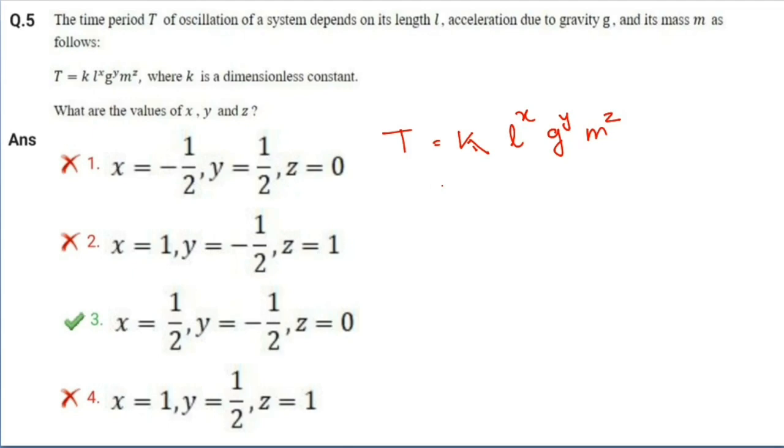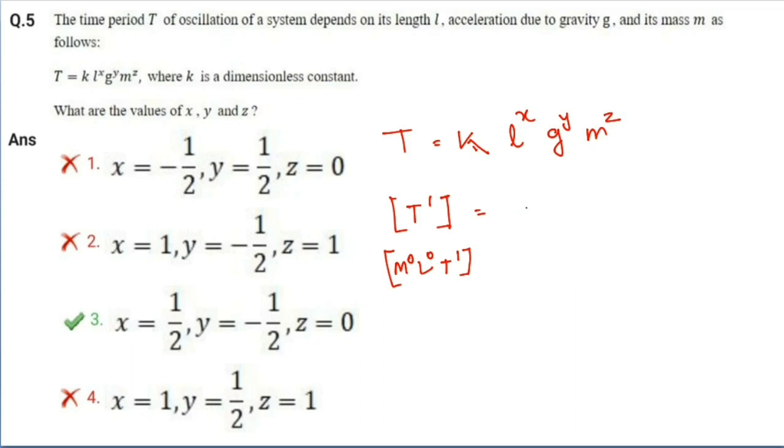So here, what are the dimensions of length, gravity and mass? As t is the time period, t is T^1, or we can write M^0 L^0 T^1.